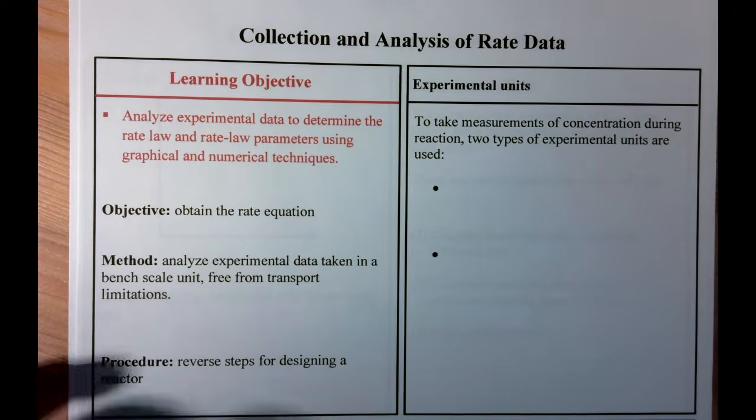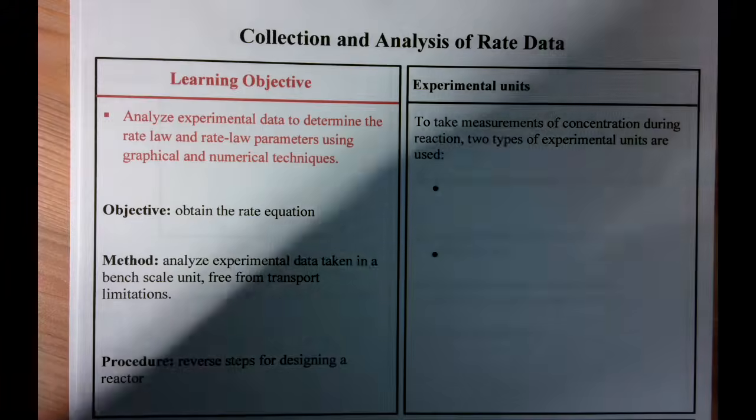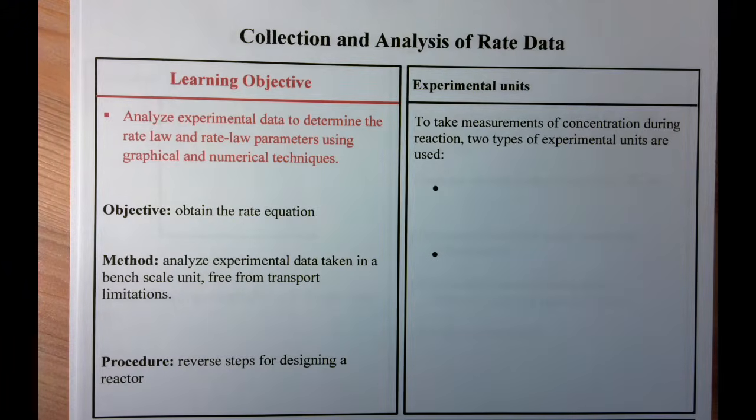So experimental units. What are these units that we're using to determine the experimental rate data? There are two types of reactors that we're going to look at for these experiments.